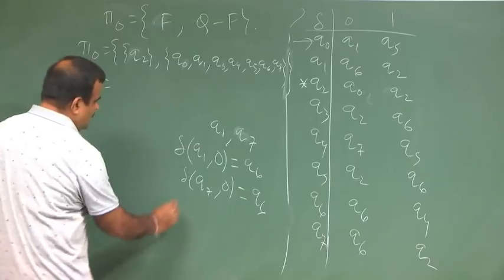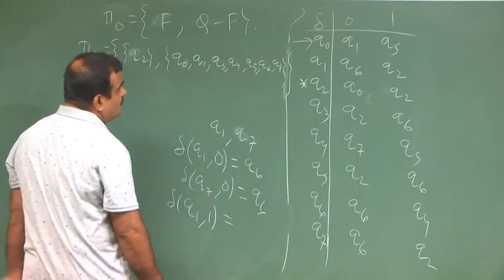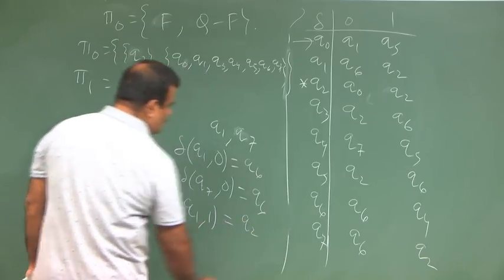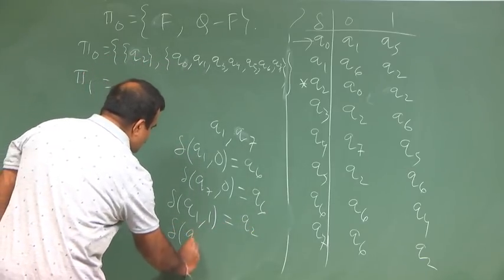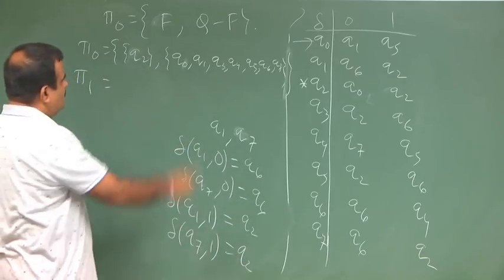So, same set. And q1 on 1 goes to q2, and q7 on 1 is also going to q2. So, that means they are in the same class.